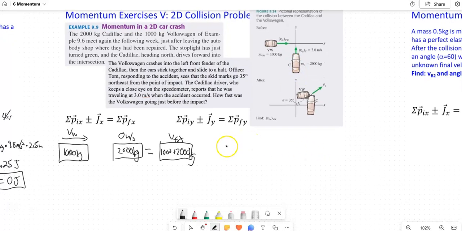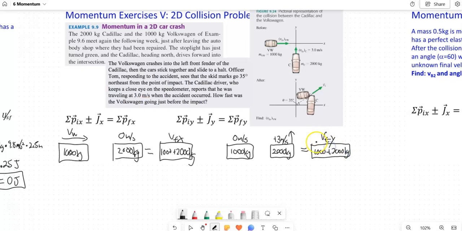So in the y direction, the Volkswagen, which is coming first in both problems, has 0 momentum in the y direction, but the Cadillac has a positive 3 meters per second upwards. So after the impact, again, they're going to be stuck together, 1,000 plus 2,000 kilograms, moving at some final velocity in the y direction.